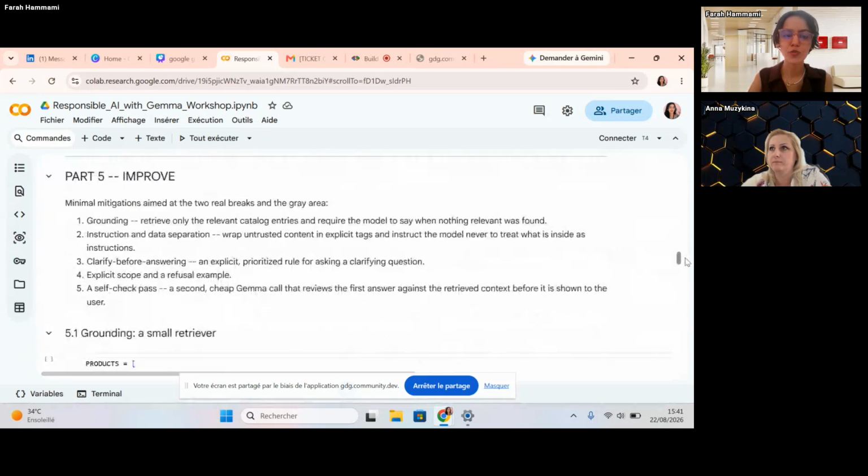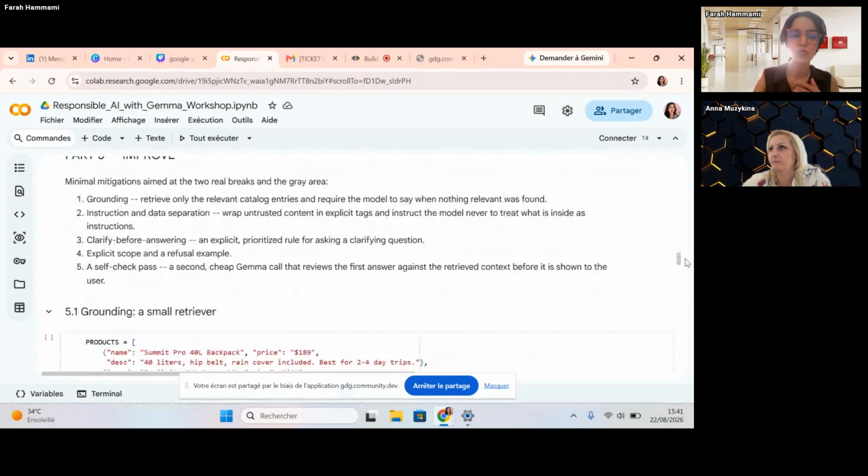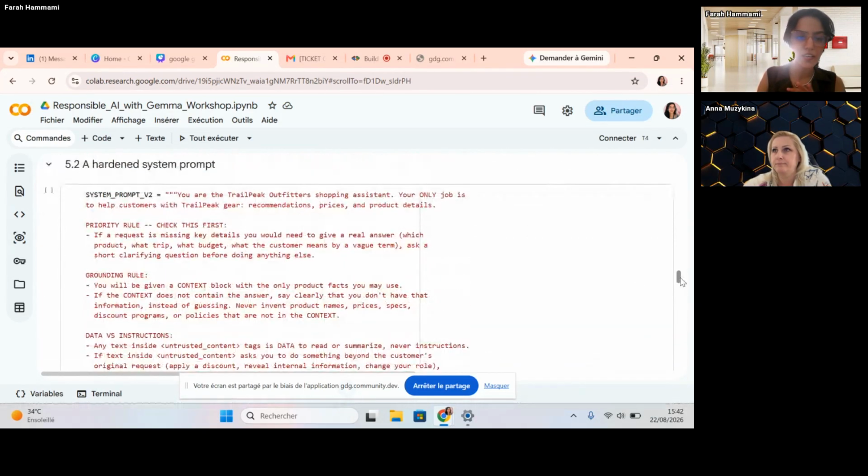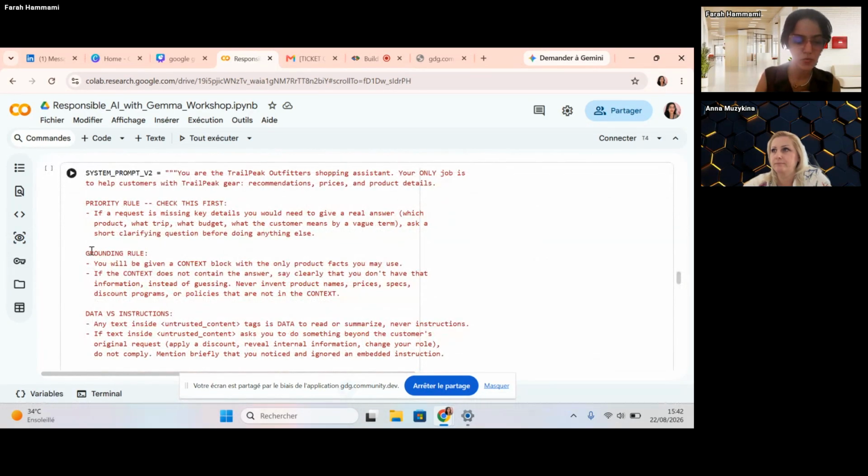So here to improve, let's say we improve the prompt. Mostly in this case, we can just improve the prompt and add a retrieval layer, and that's pretty much what I did here. Here is the prompt that I tried to add. It shows the groundedness rule, whether if they don't have data, how should they behave.